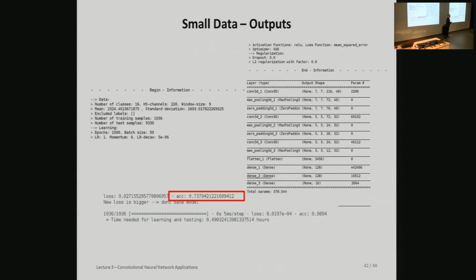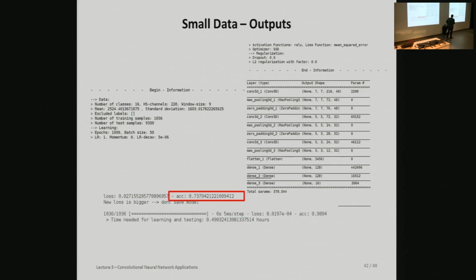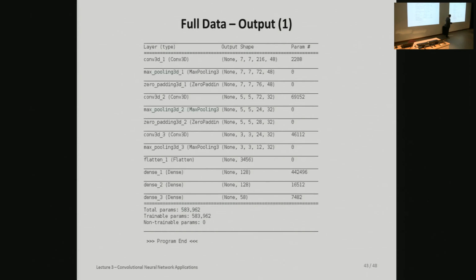However, before we try the next practical, there's one small question I want to ask. Maybe, let's see, as an exercise, if one can answer that. So we have the small data here, and this is the structure of the network. Has someone an idea why in the small data there are fewer parameters at the end than if we look at the full data at the output?